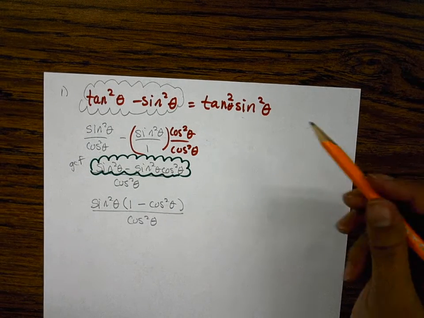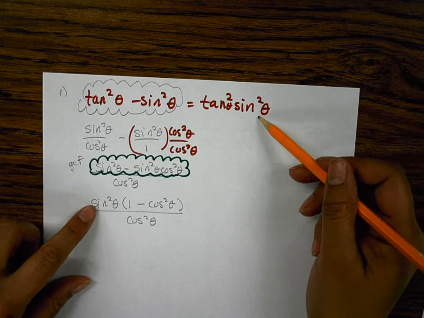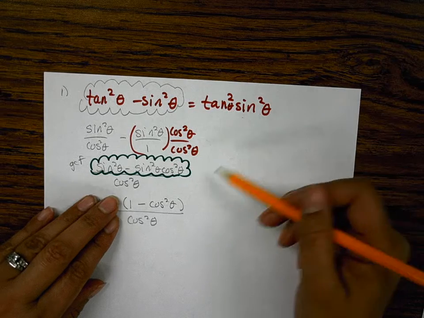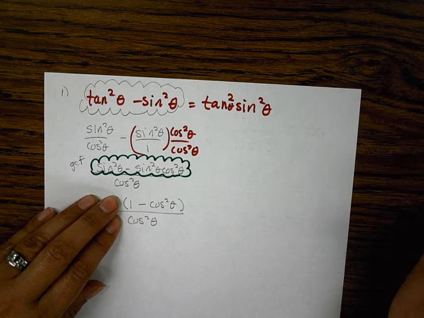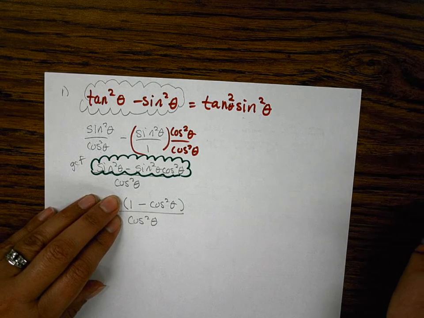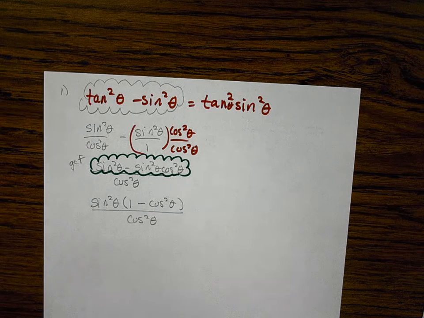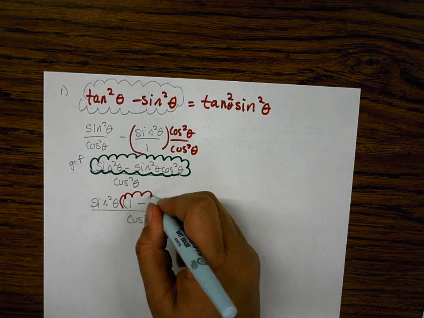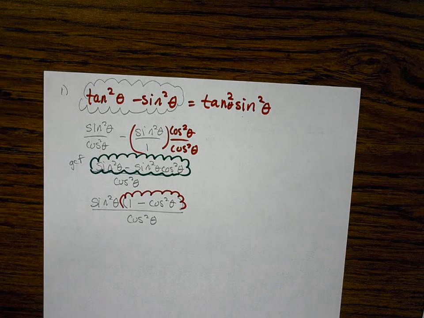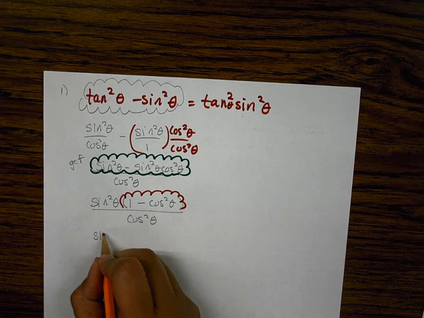Okay, still not quite. Oh, well, I have the sine squared there that I'm wanting. Is there any way to get this piece here to tangent squared? I'm hoping here, this is screaming at you, change me. What can we change 1 minus cosine squared to?